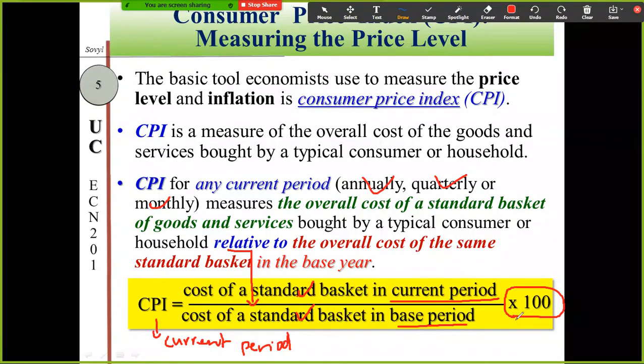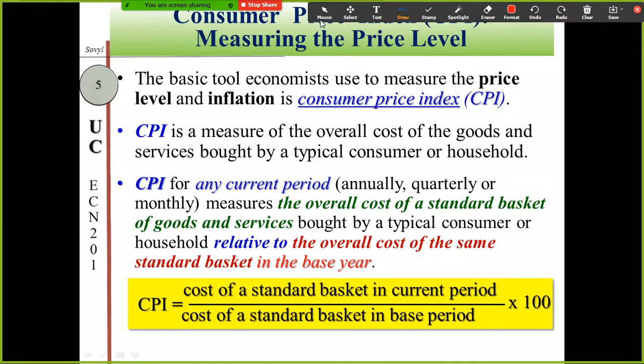Again, CPI for any current period measures the overall cost of a standard basket of goods and services in the current period, divided by the overall cost of the same standard basket in the base period, and multiplied by 100, but not 100%.